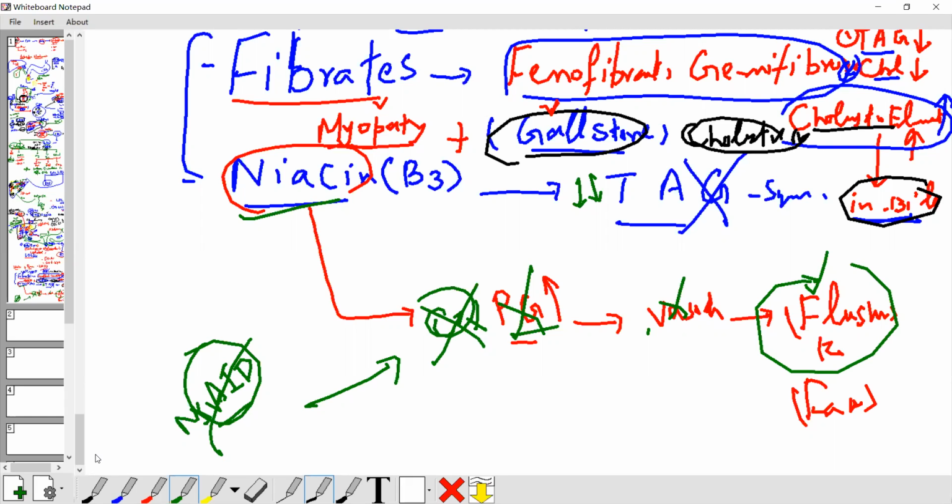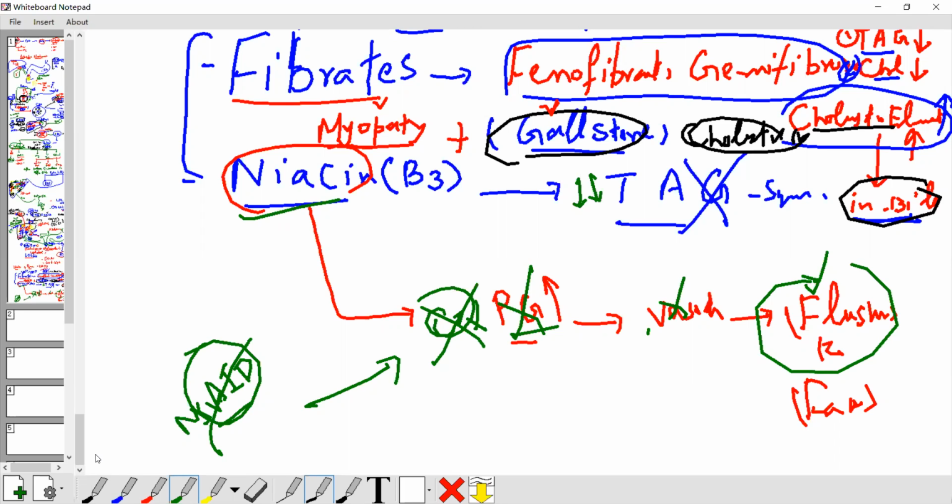For that, we can use antihistamine, not NSAID. The flushing here has two different phenomena. Vasodilation caused by prostaglandin is flushing, and vasodilation caused by histamine is also flushing, also red skin. Can you use NSAID if it is caused by histamine? No. Totally different thing.